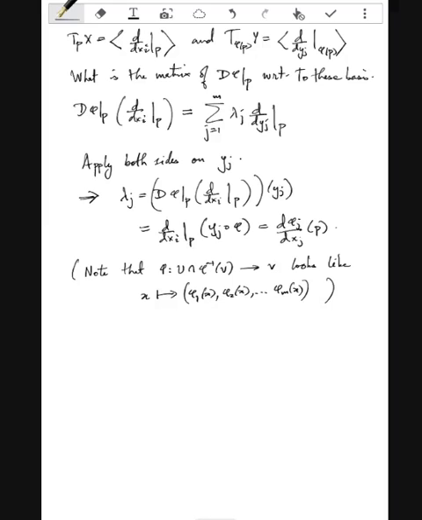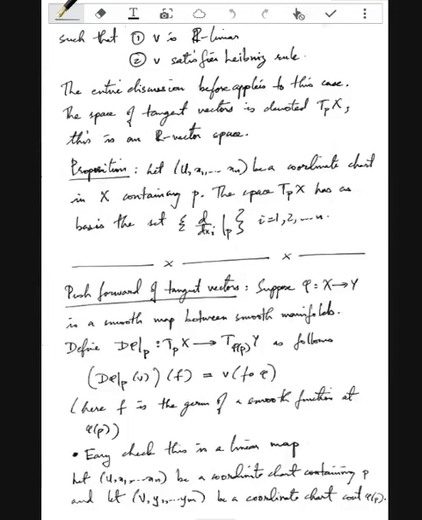Okay, and let's just make one remark that if f is the germ of a smooth function at phi of P, this implies f compose phi is the germ of a smooth function at P, because phi is smooth.